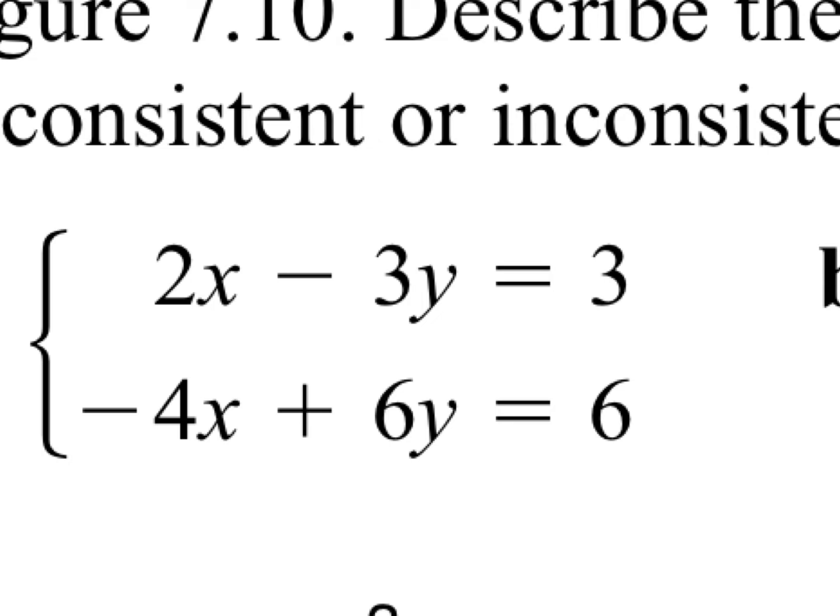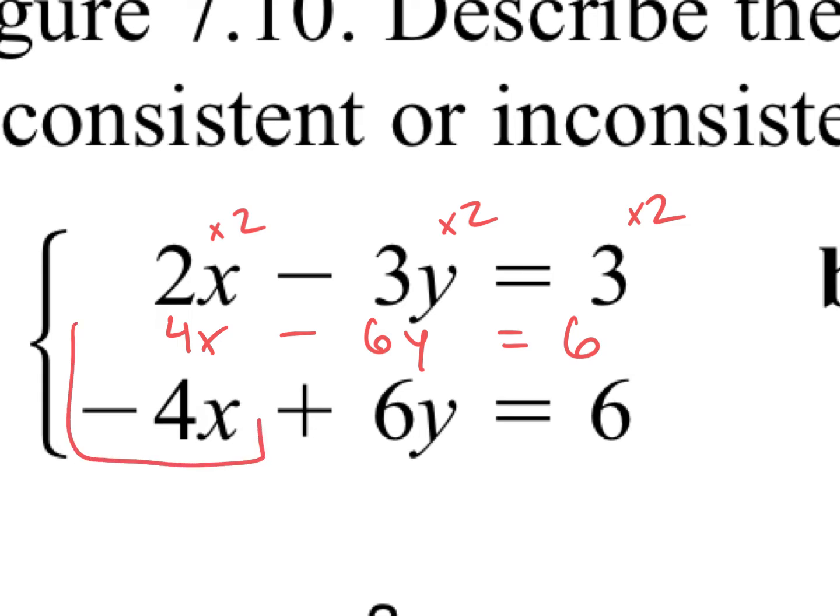Do I have a variable that'll cancel out right away? I do? Yeah, both x and y. What do I have to multiply it by to get it to cancel? Multiply the first one by 2. So multiply everything in your first equation by 2. So this becomes 4x minus 6y is equal to 6.